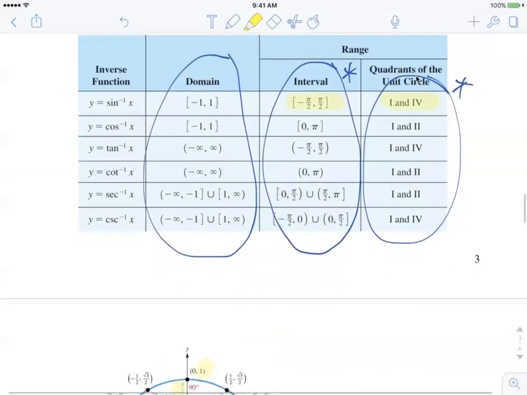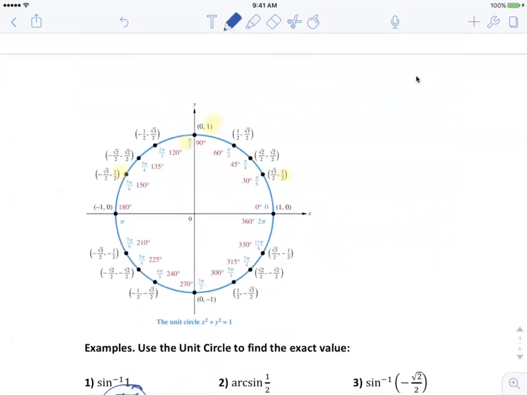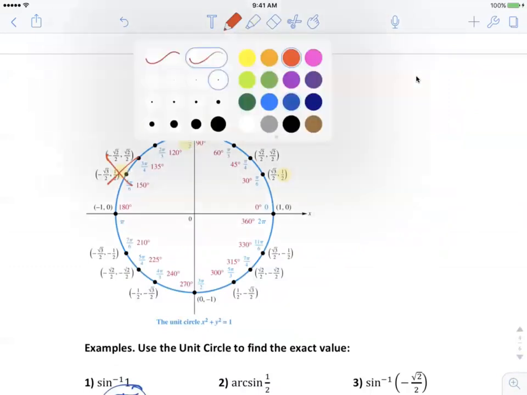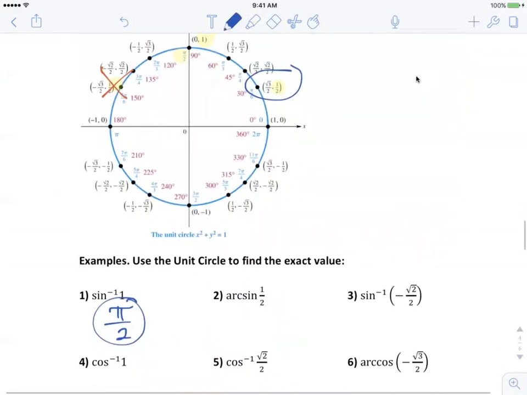So never go to quadrants 2 or 3 for sine. So you don't use that one, only this one over here. So my answer is that angle, pi over 6. That's it. 5 pi over 6 is tempting, but it's wrong.